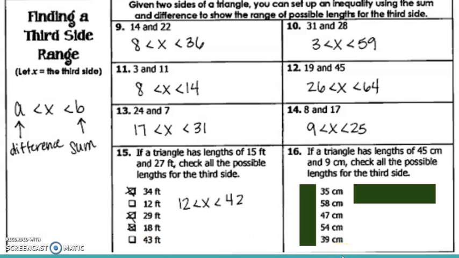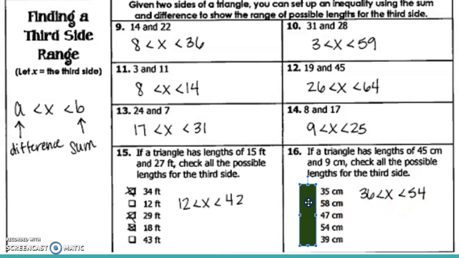Number 16, we're doing the range given the side lengths of 45 centimeters and 9 centimeters. So setting up that inequality, our difference is 36 and our sum is 54. When I do that, we are finding all of the possibilities within those numbers, but not either of those numbers.